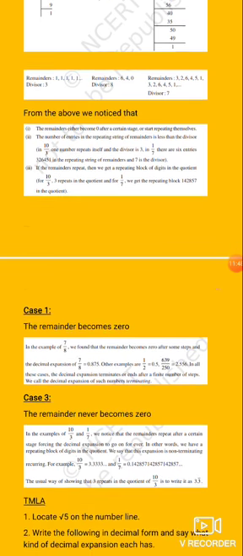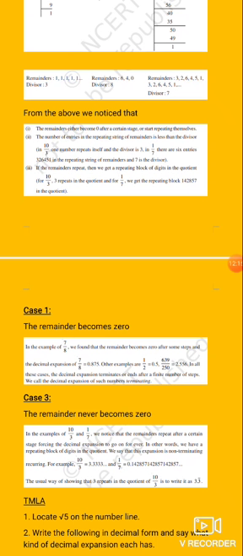Second case: the remainder never becomes 0. In the examples of 10 by 3 and 1 by 7, we notice that the remainder repeats after a certain stage, forcing the decimal expansion to go on forever. In other words, we have a repeating block of digits in the quotient. We say that this expansion is non-terminating, recurring, or repeating.